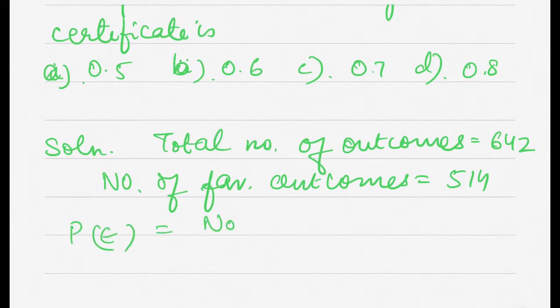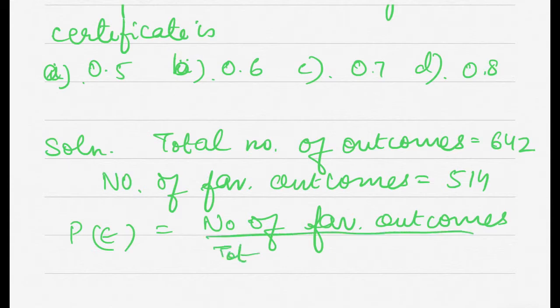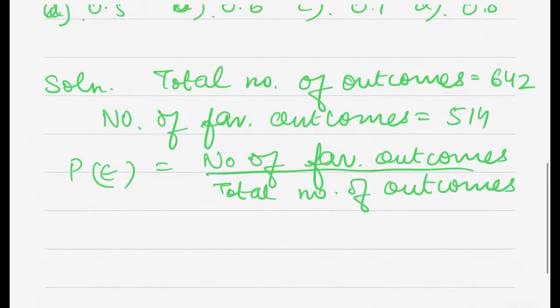My probability of that event will be equal to favorable outcomes by total number of outcomes.